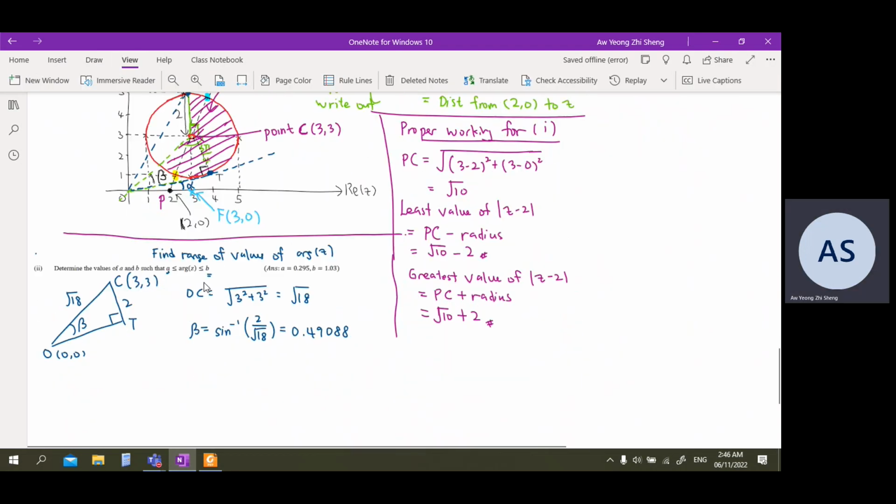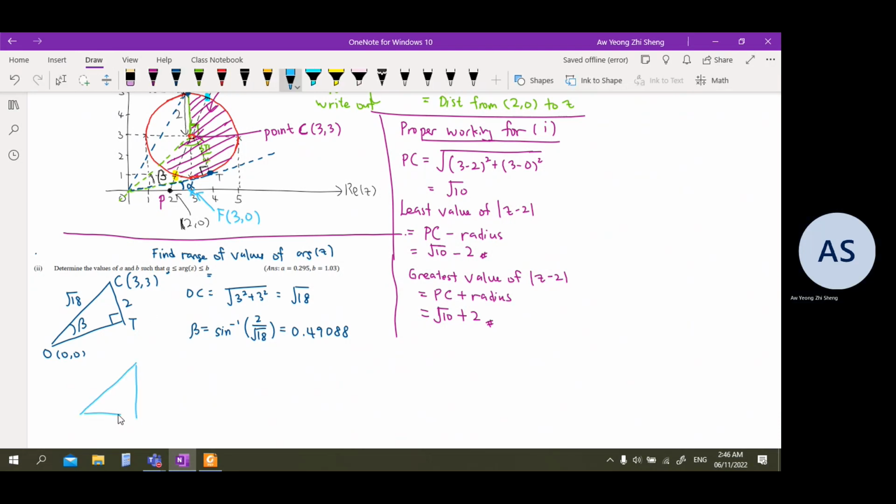Now I will focus on the right angle triangle OFC, where C to F is exactly 3 units, O to F is also 3 units, and this angle COF will be alpha plus beta.